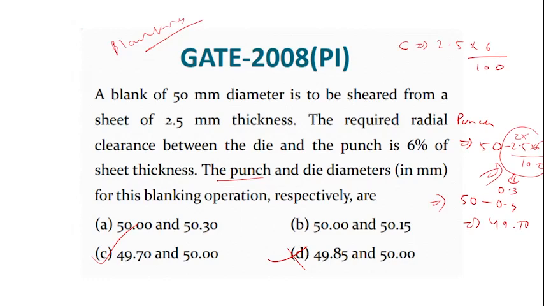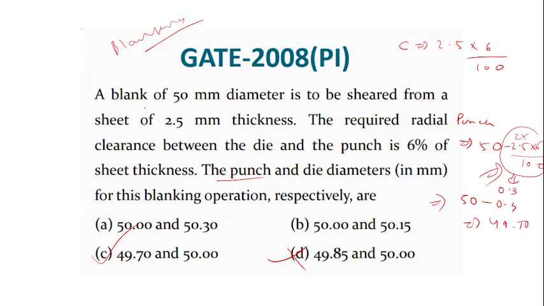Actually, I'm telling that the radial clearance would be 0.1 second. Okay, I got it. There is a confusion between total clearance and radial clearance.